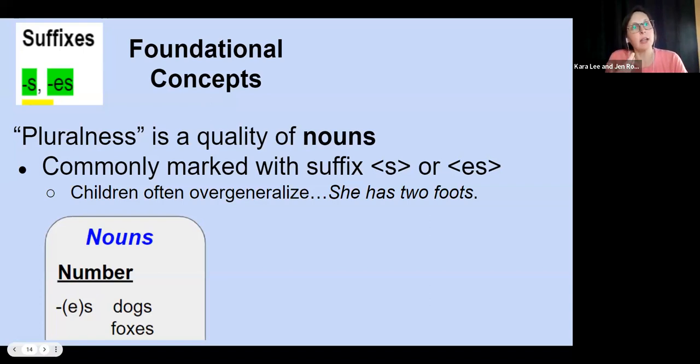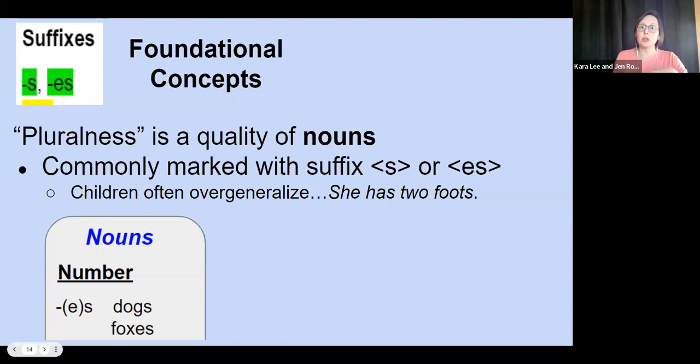So I'll say chair, but then I'll say, but there's 2 chairs. No, nobody sits down with their kid and does that. We don't have to. Why? Because that's spoken language. It's just what they're exposed to. And you'll see them starting to overgeneralize this, right? She has 2 foots. Happens with the ED also all the time.